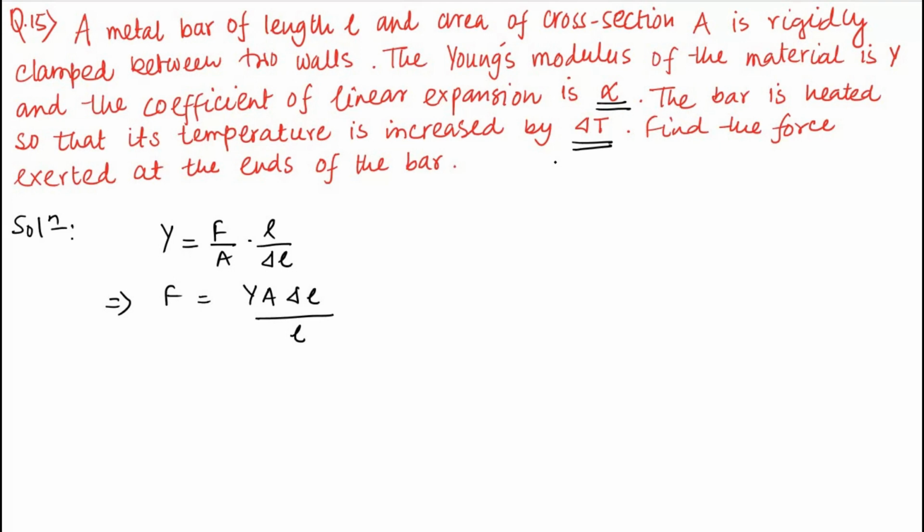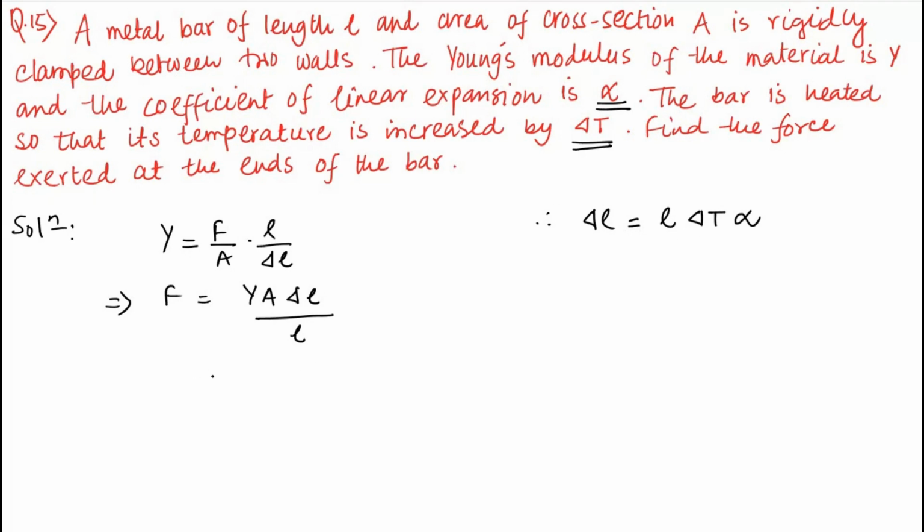We know that when a solid gets heated up, it expands, and that change in length delta L is equal to the original length of the metal bar, L, times the increase in temperature, delta T, and it's directly proportional to alpha. So delta L is equal to L into delta T into alpha.